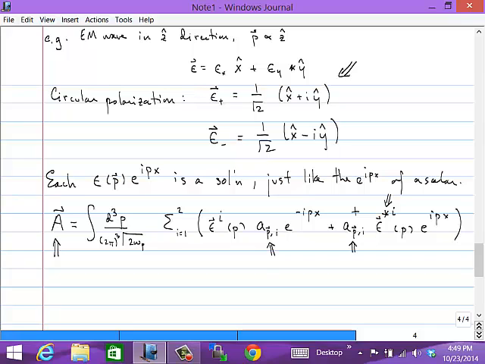And these operators, a p i and a p i dagger, will obey the usual canonical commutation relations. So these will be Fock space operators, which obey the usual canonical commutation relations. In particular, their commutator will be 0 unless i is equal to j and p1 is equal to p2.